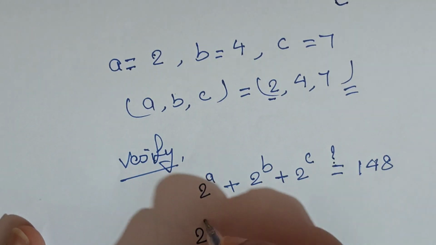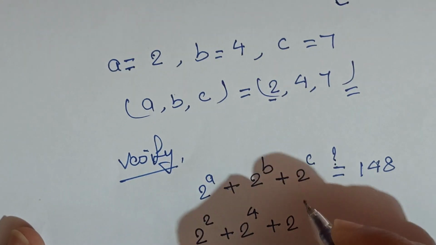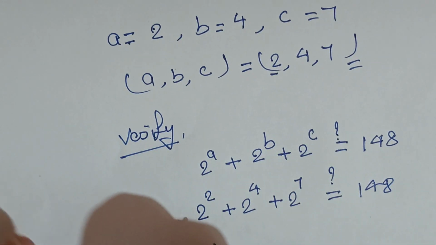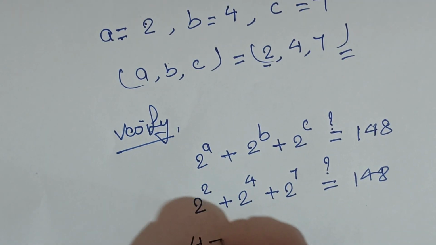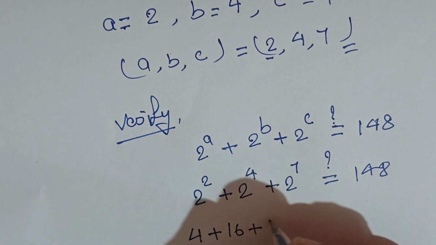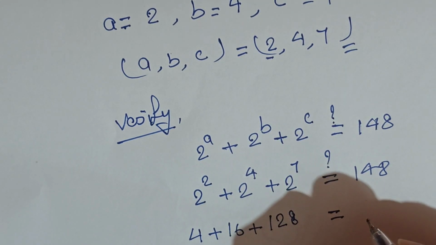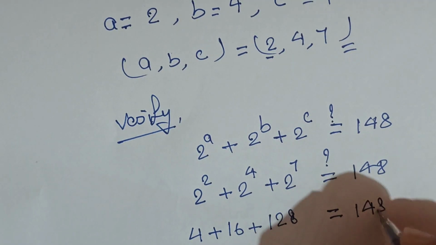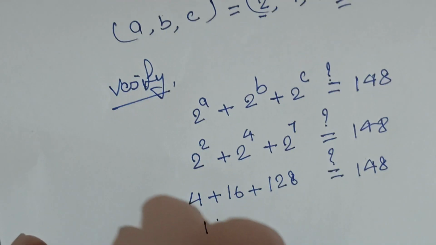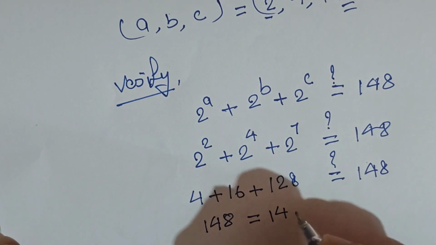Value of a is 2, value of b is 4, value of c is 7. So 4 plus 16 plus 128 is equal to 148. 148 is equal to 148.